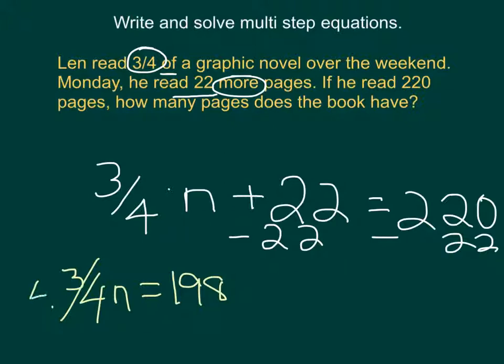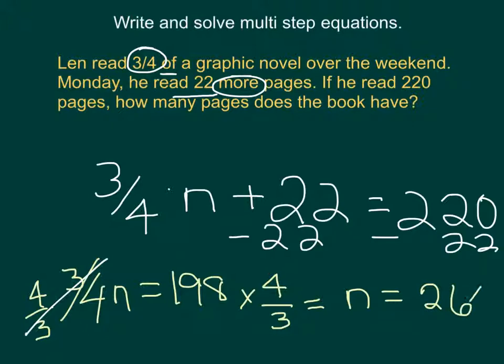So we're actually going to end up multiplying by 4/3. So this goes away and leaves just n. Over here we multiply by 4/3, and we get n equals 264. So if you go back and you check, you did 264 plus 22, you would get 220.